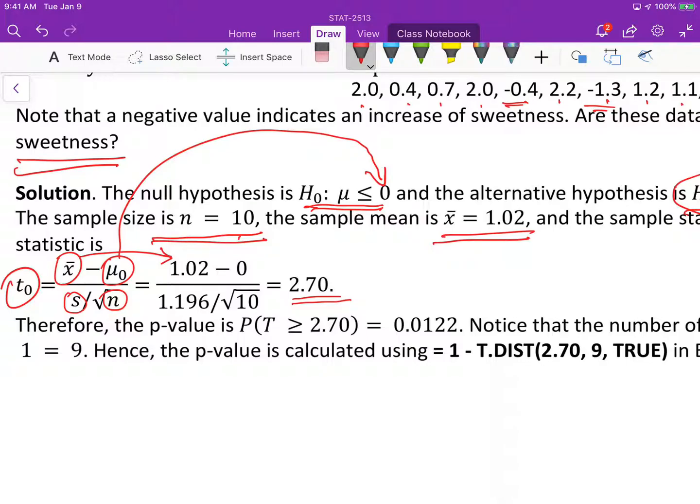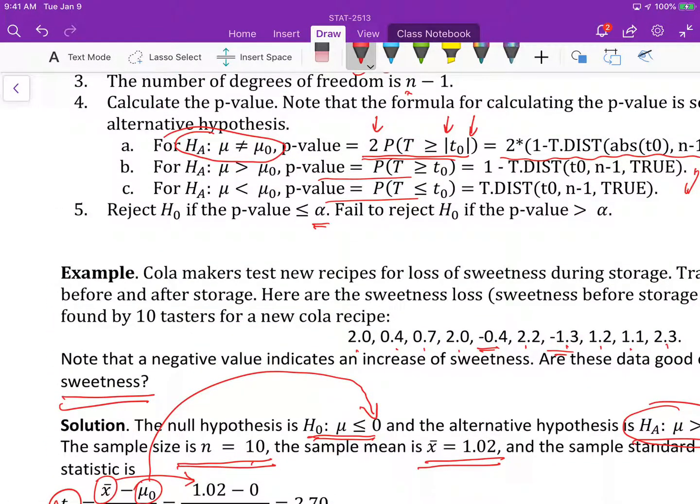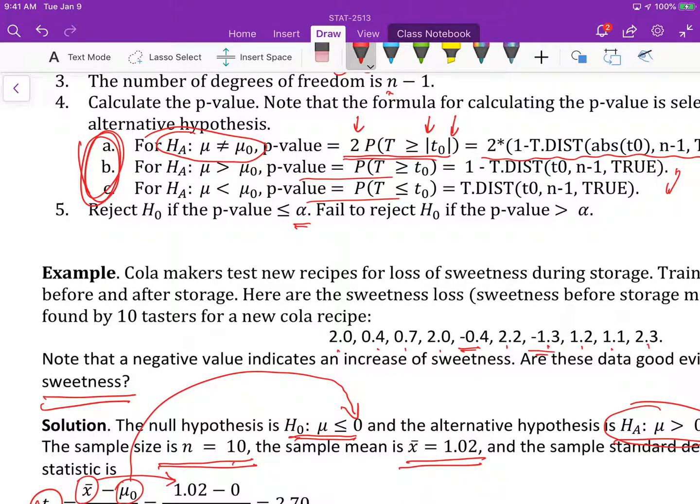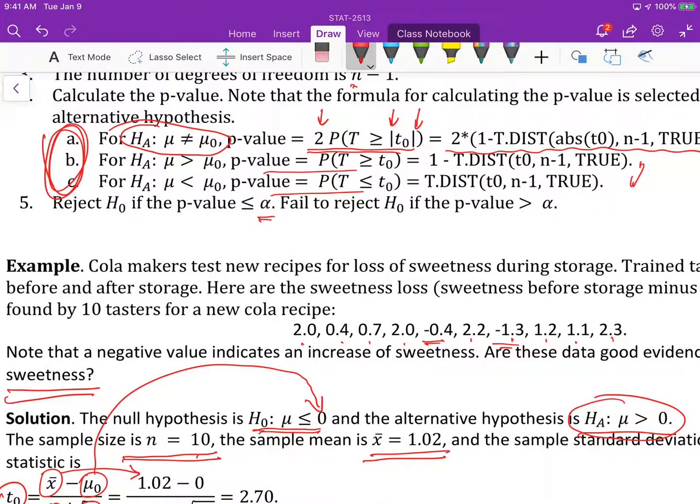Next we want to calculate the p-value. According to the earlier slide, how to calculate the p-value depends on your alternative hypothesis. Here our alternative hypothesis is mu greater than 0, which corresponds to case B.